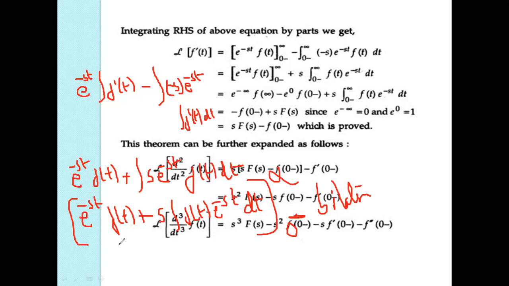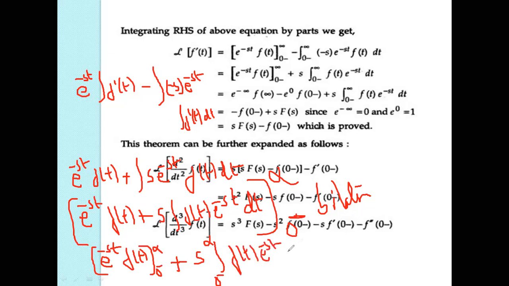Otherwise, I'm taking only e power minus st f of t with limits 0 minus and infinity, plus s into the integral from 0 minus to infinity of f of t e power minus st dt.